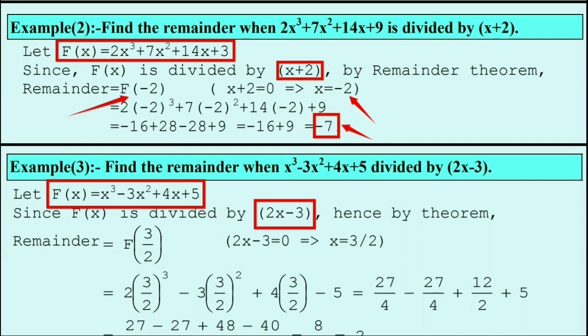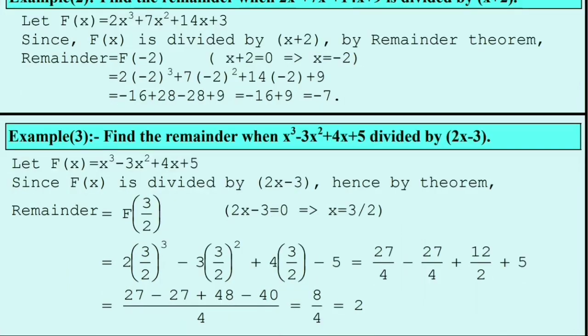So in f(x) we replace each x with 3 by 2 and we simplify the expression, and finally we get the result, and that result is 2. This too is the remainder obtained when this division is performed. So here, with the help of remainder theorem, in all these above examples, without performing the actual division process, the remainder we can find out easily.